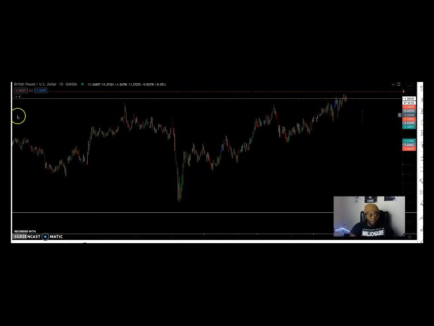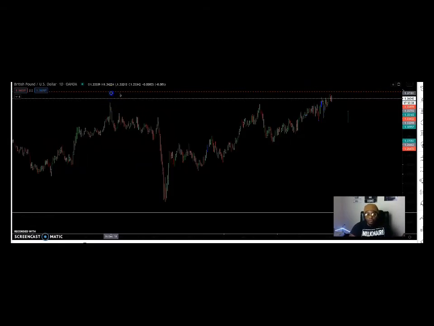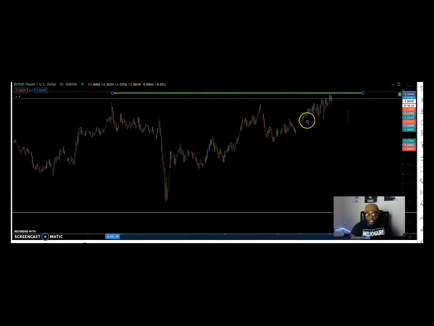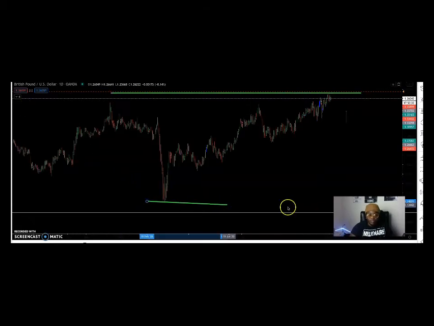Alright, so what I would do is come over here in TradingView. Over here is where you find all of your tools, guys. Here I would grab a trend line, and I would go to the top where price went the highest, where price went the lowest, and the middle.